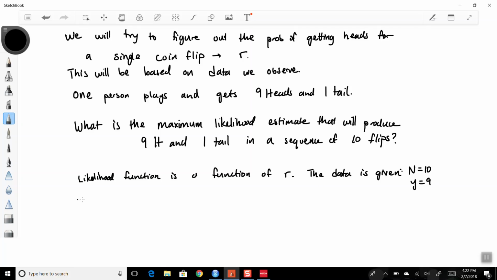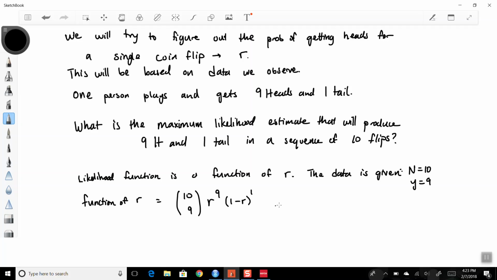Okay, so what we want to know is we have a function of R, okay, and this is going to be 10 choose 9, R raised to the 9, and 1 minus R raised to the 10 minus 9, or in this case, 1.